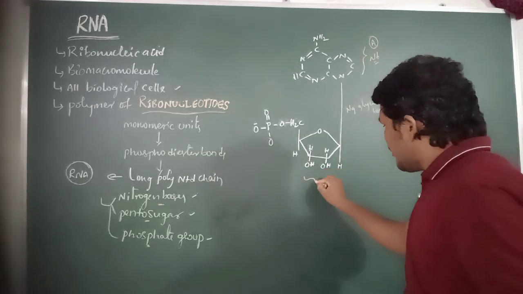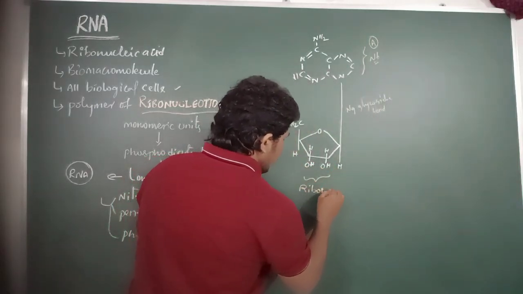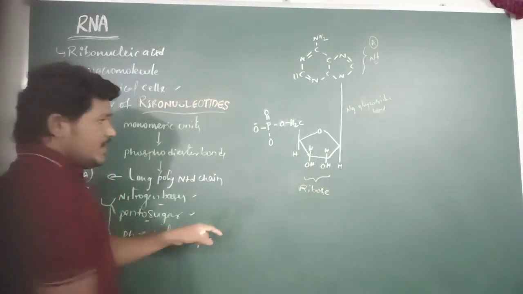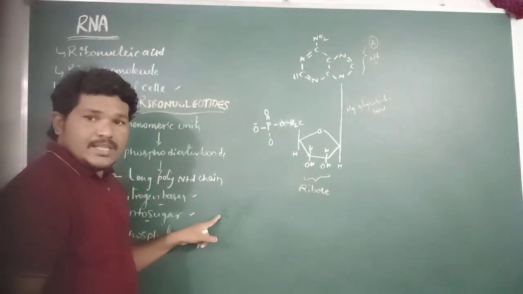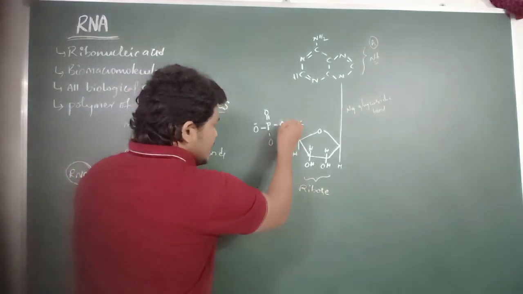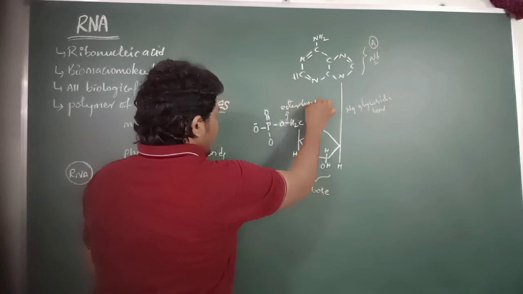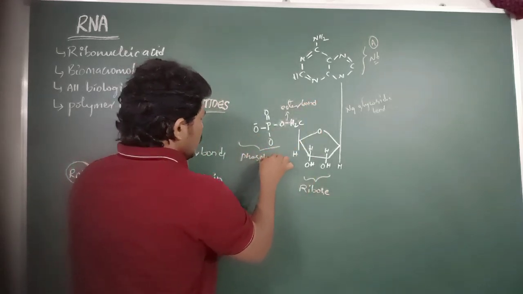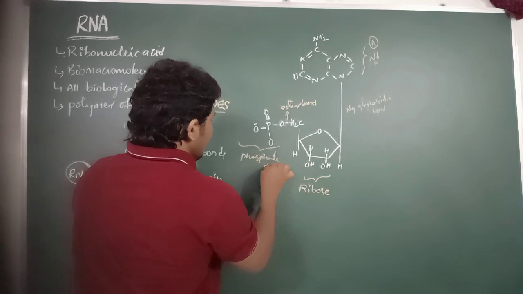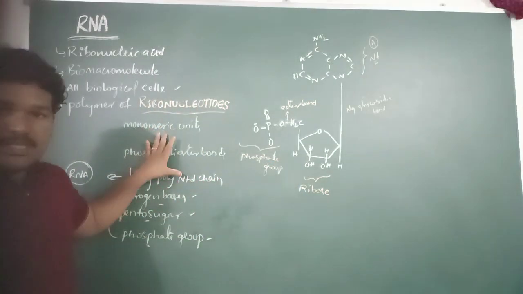This is the pentose sugar, that is ribose. The phosphate group is attached to the ribose with an ester bond.